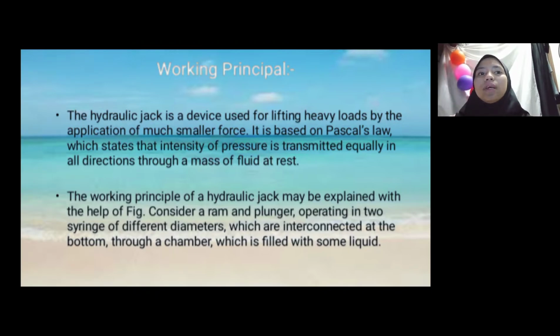This is explained with the help of a figure. Consider a ram and plunger operating in two strings of different diameter, which are interconnected at the bottom through a chamber which is filled with some liquid.